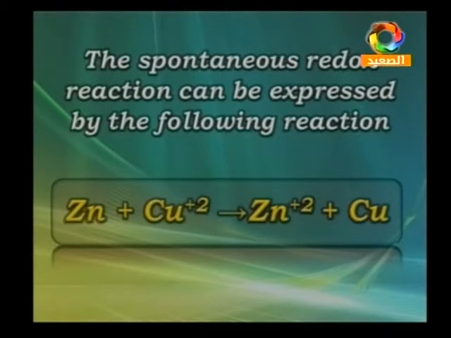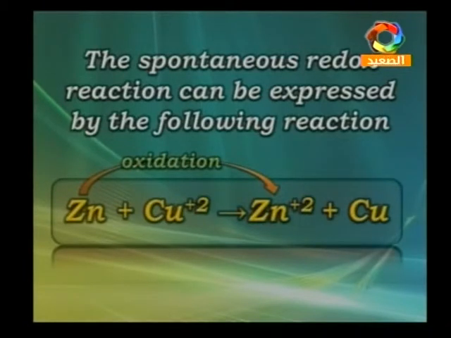From the third preparatory we have that zinc is more active than copper, so it can replace the copper in its ions, in its compounds. So Zn changes into Zn²⁺, the positive ion of zinc, plus a copper atom. Why? Because the first one is oxidation. What's meant by oxidation here?